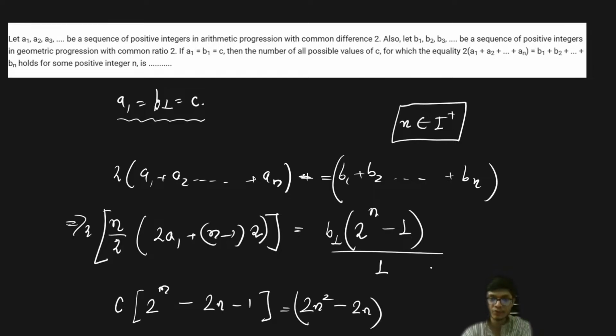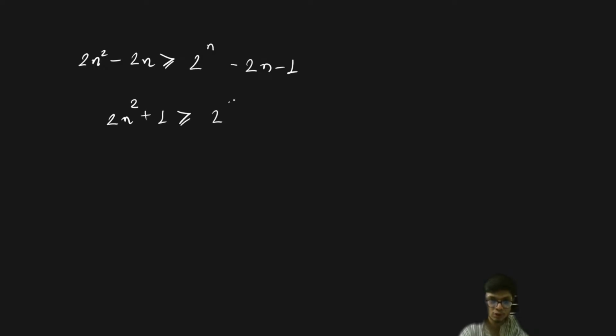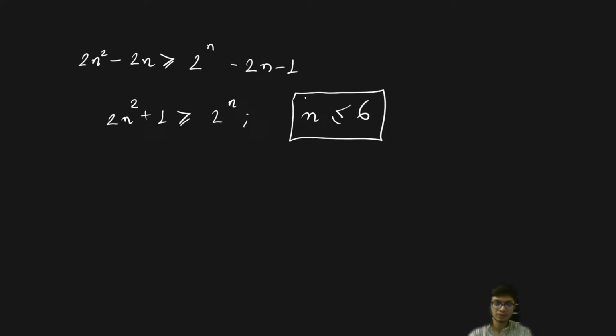Since c is a natural number, 2n square minus 2n should be greater than 2 to the power n minus 2n minus 1, which you can simplify as 2n square plus 1 should be greater than 2 to the power n. This brings you to the conclusion that n should be less than or equal to 6.